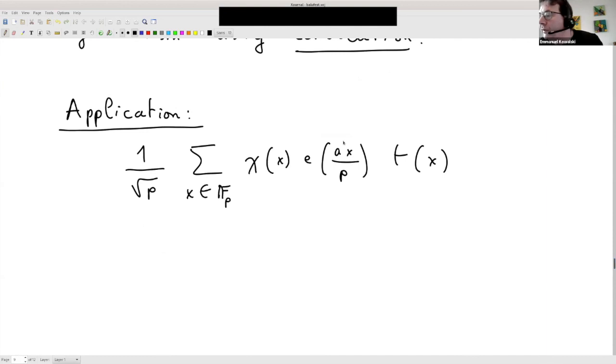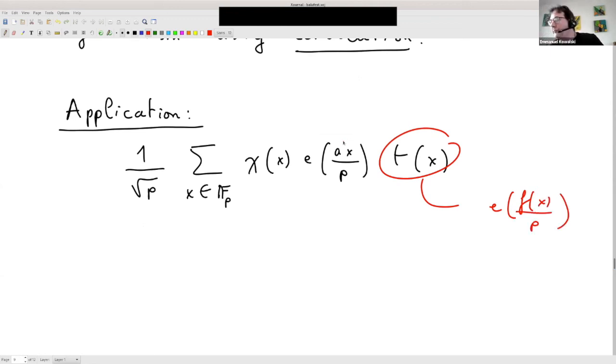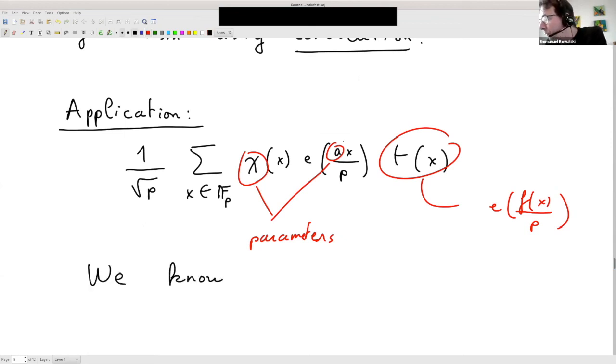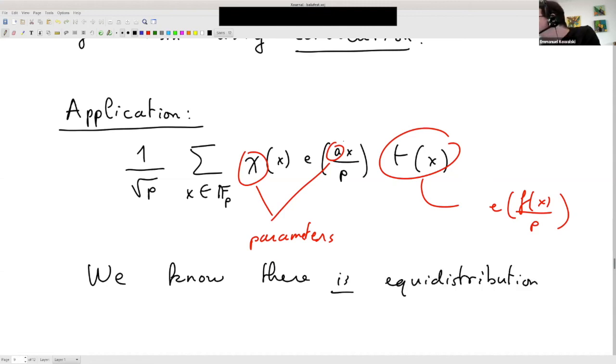So you should think of this as maybe E of f of x over p for some function f, some polynomial f, for instance. So the parameters are chi and a. So these are the parameters. So our theorem applies. So we know there is equidistribution for some group, some compact subgroup K. But the question is, what is K?